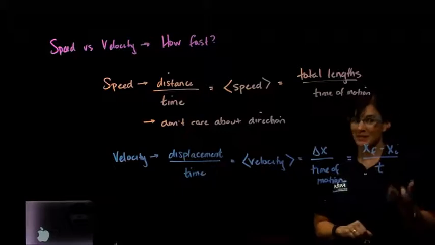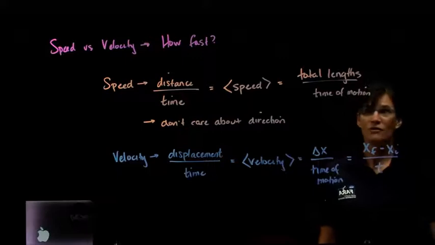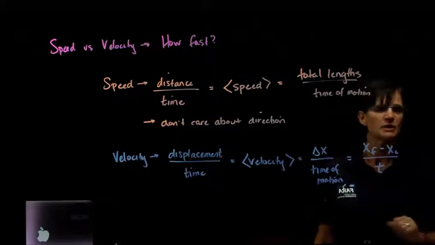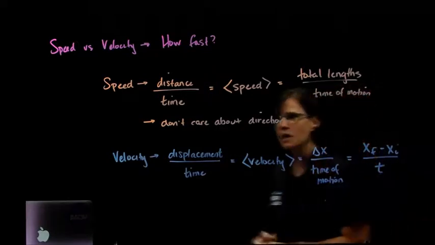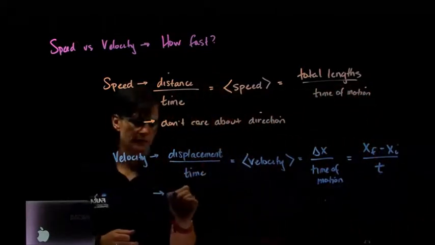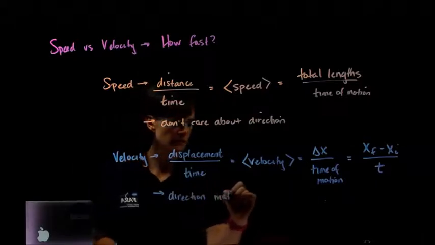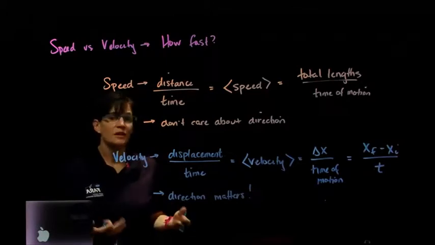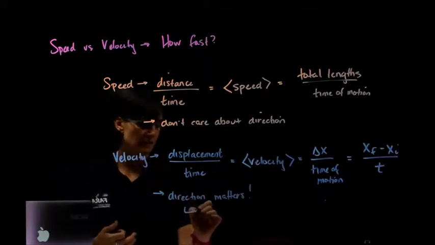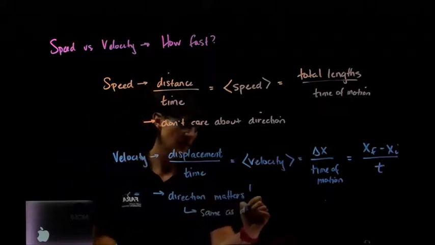Well, displacement cared about direction. Am I moving at a certain rate? How fast? 5 meters per second to the right? Or am I doing it to the left? So direction matters. Because direction matters in displacement, the direction for velocity is the same as for displacement.